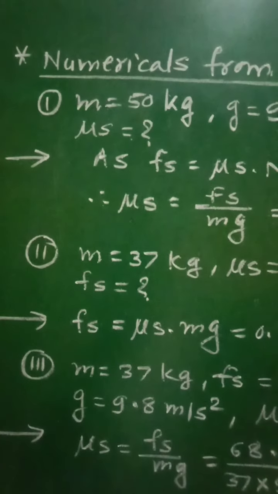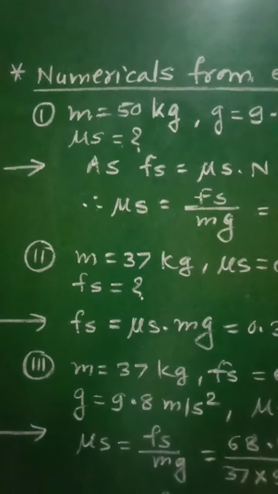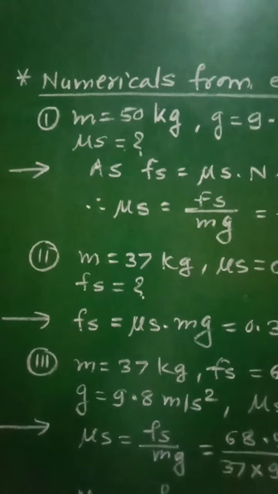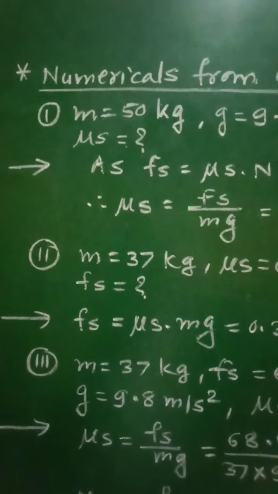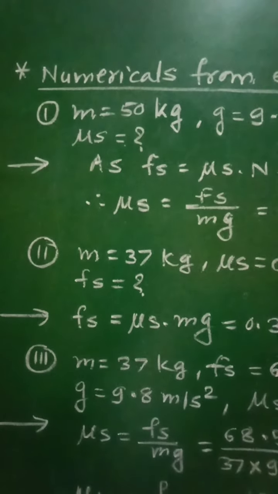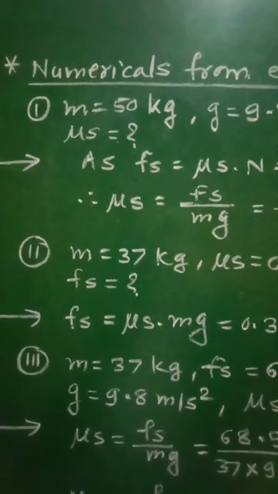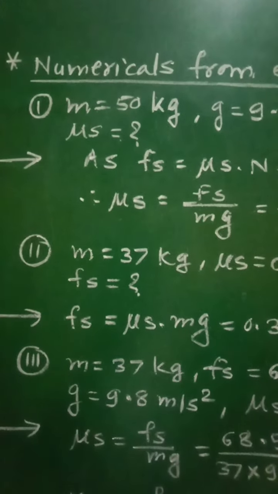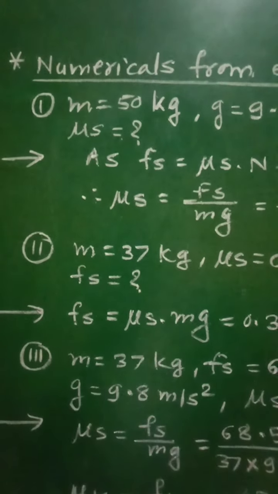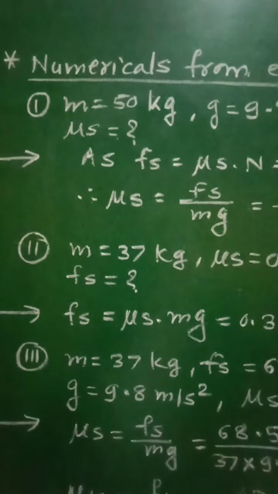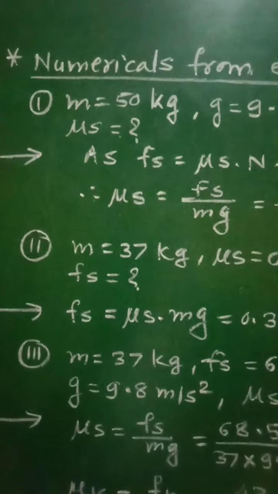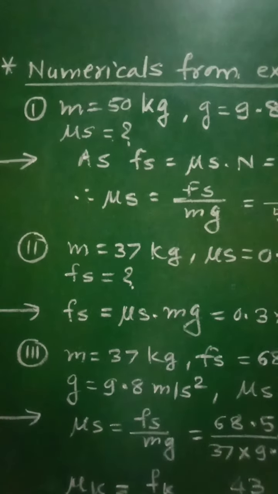Calculate the coefficient of static friction for an object of mass 50 kg placed on a horizontal table pulled by attaching a spring balance. The force is increased gradually and it is observed that the object just moves when the spring balance shows 50 Newton.